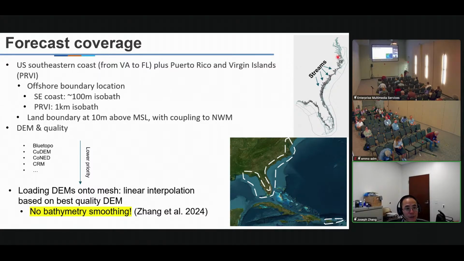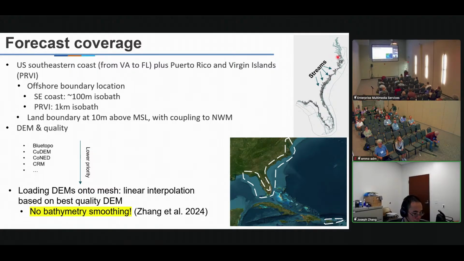They inject the water directly into the SCHISM domain, and SCHISM will be in charge of routing that water, and also water from the direct precipitation, inside our domain. We cut the land boundary 10 meters above sea level to minimize the backwater effects and also make the coupling with the National Water Model much easier.